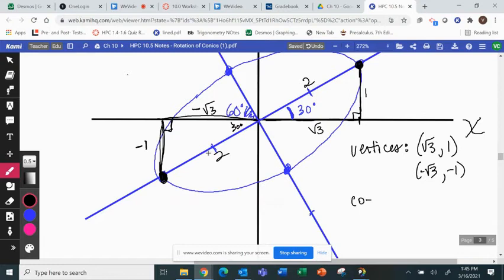And then the co-vertices or the minor vertices. When I go to get here, if I make that into a triangle where I find my X and my Y, that's a 60 degree and the radius is 1. So that's just like a unit circle, radius 1. The X is the cosine, the Y is the sine for 60 degrees.